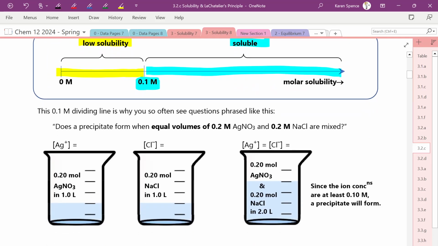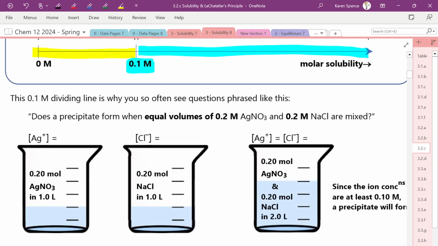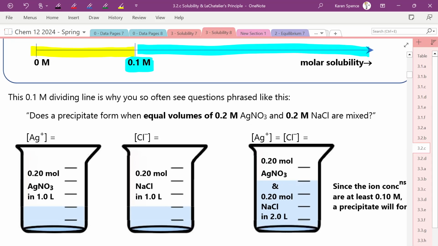In fact, you might remember seeing this on your quiz. Does a precipitate form when equal volumes of 0.2 molar AgNO3 and 0.2 molar NaCl are mixed? Yes. Because it's still not solid. Right? Yes.